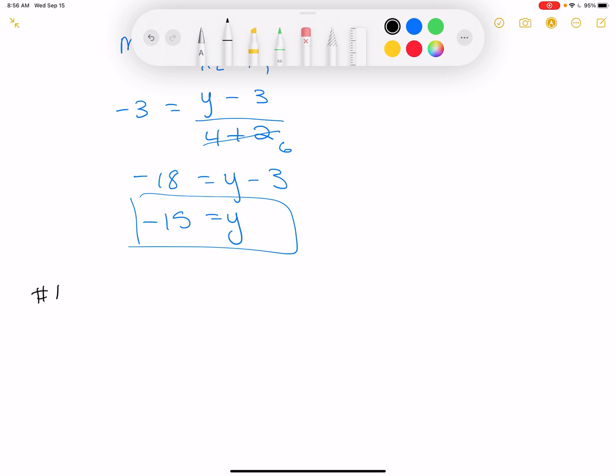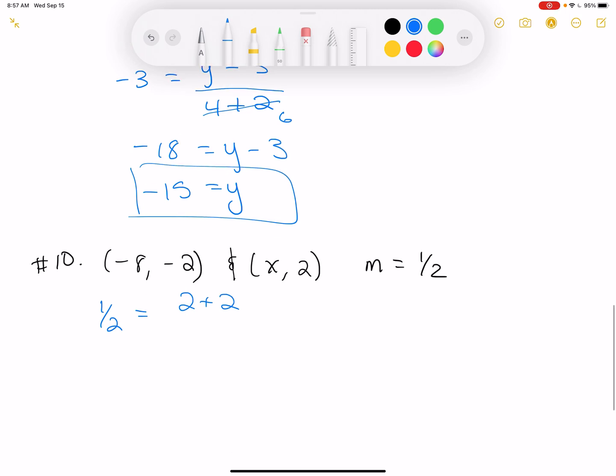I'm gonna do one that has an x, so same instructions, but one that's missing an x, just so we can go over how to make sure we're good with that. -8, -2, and x, 2, with a slope of 1/2. So 1/2 is equal to 2 minus a negative, and then over x minus a negative, so plus 8.